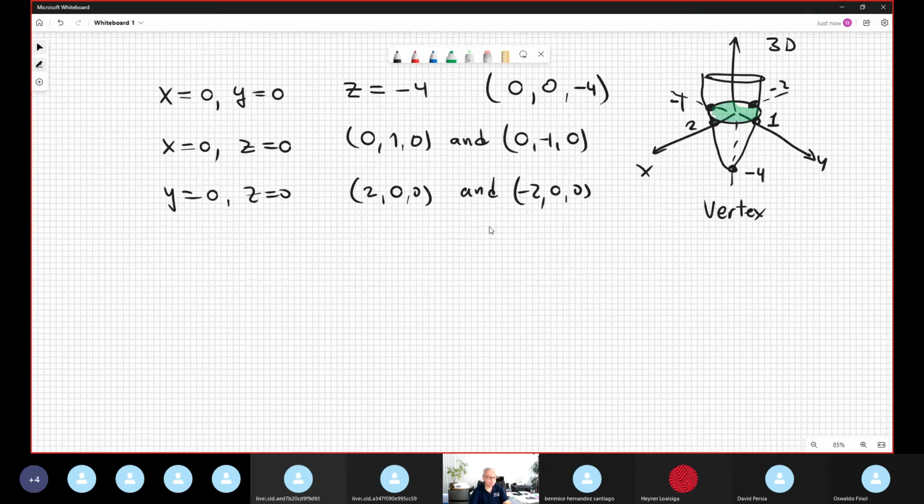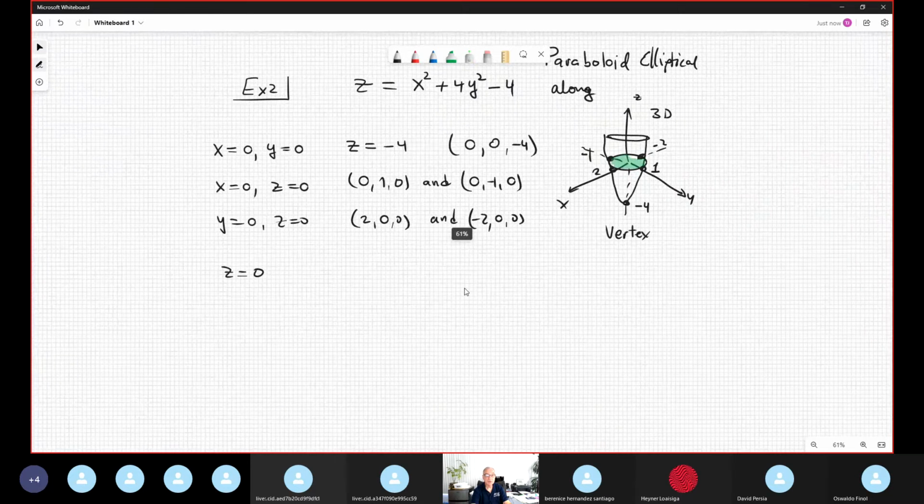Why not? The trace is z equals 0. Plugging into the equation, z equals 0 gives 0 equals x squared plus 4y squared minus 4. And this looks like, in my opinion, an ellipse.